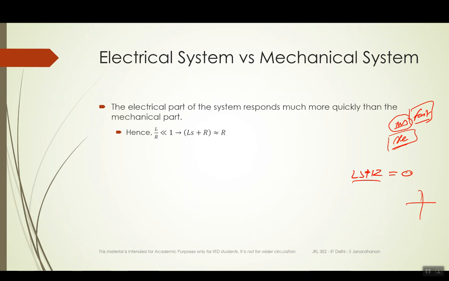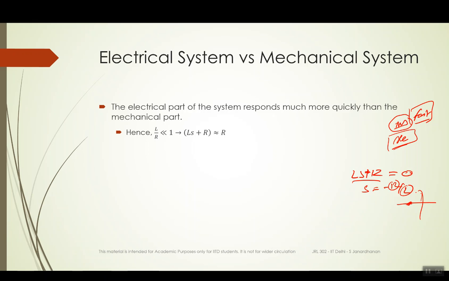Ls plus R equal to 0 would give s equal to minus R by L. Since R is greater than 0 and L is greater than 0, because inductance and resistance are both positive, s is on the left hand side of the imaginary axis, on the real axis, which in turn means that this is a stable system. So that is one criterion.